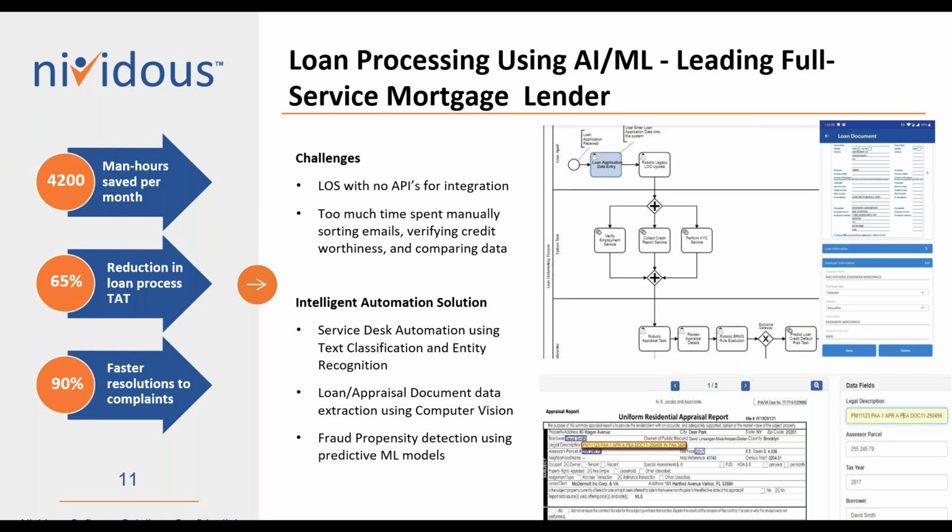This is one of the other advantages of intelligent automation solutions using the Nivitas platform: if you have legacy systems, or even modern systems, that don't have the APIs you need to do the integrations with other systems, then this kind of platform can open up a whole lot of new possibilities, because that integration doesn't have to be done through the API.